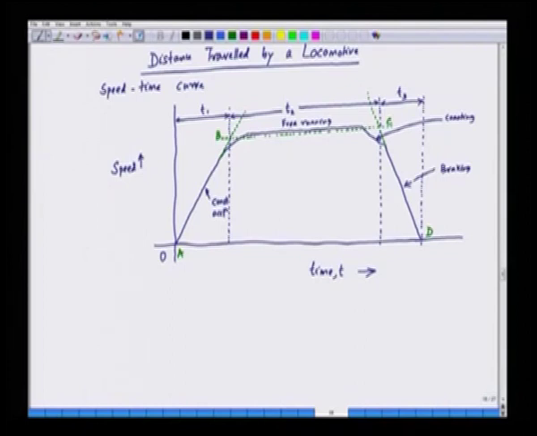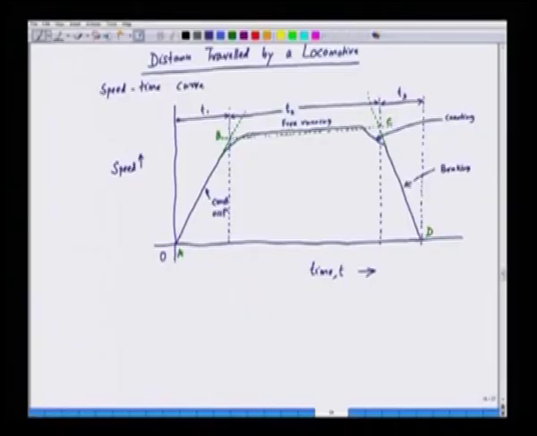Here, the area under this curve will give us the distance travelled, and we define the following variables. This is the maximum velocity that we have here, Vm, and we have drawn this curve so that here we have a little increase of area, and here also an increase of area, that is compensated by a reduced Vm.